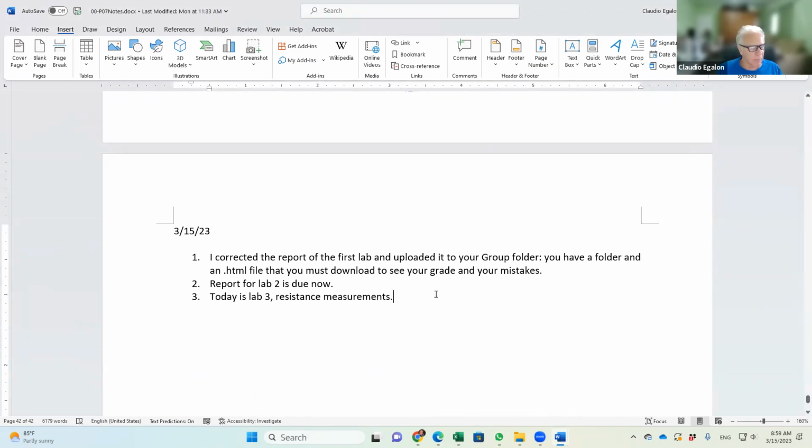And how you already know that you can measure voltage with the digital multimeter, DMM. But the digital multimeter can measure other things too.